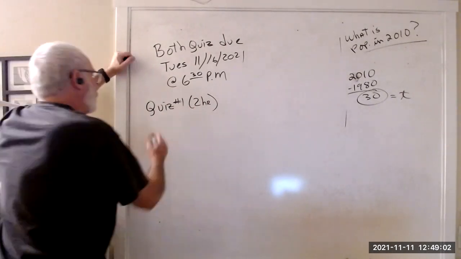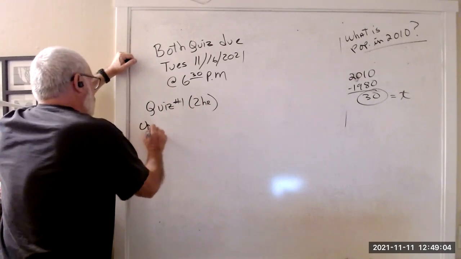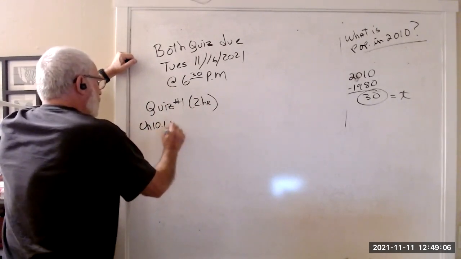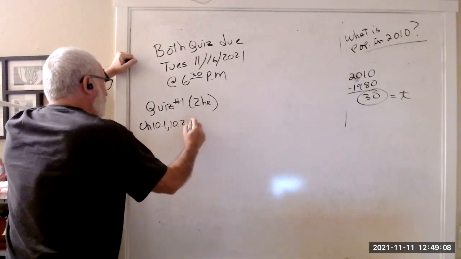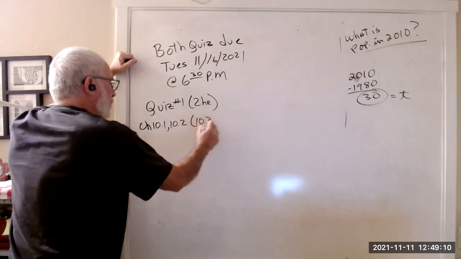It covers mostly chapter 10.1, 10.2, and maybe a little bit of 10.3.